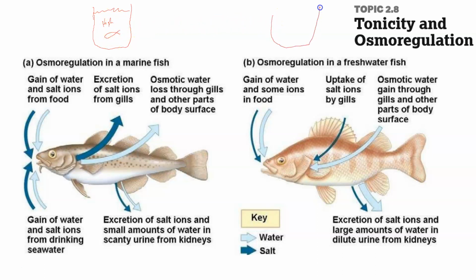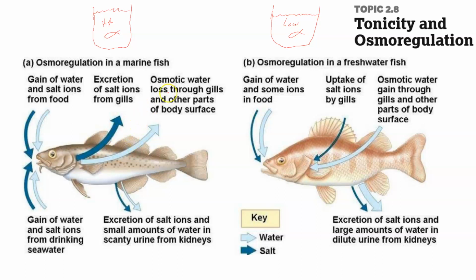In the other situation, of course, not living in this beaker environment where we've been putting these plant cells, you have a lower concentration of salt outside in a freshwater fish. Salt water, very salty, high concentration of salt. Freshwater, you have a low concentration outside. So how does the fish deal with this? Well, water is going to automatically, osmotically leave these saltwater fish because it has a very salty exterior.